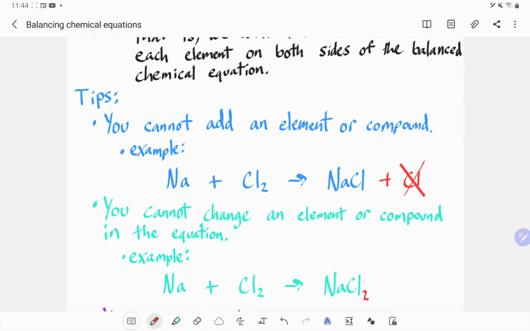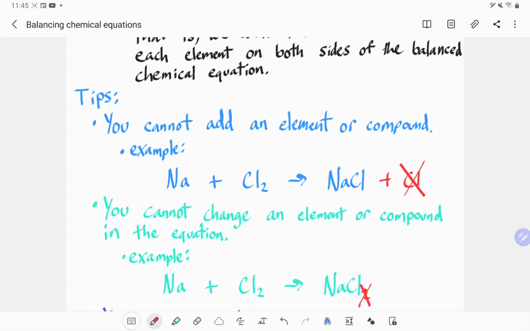We run into some problems here because NaCl2 does not exist. That's not a possible thing. That's only going to exist in fairy tale land. So we have to maintain whatever we're given. We have to use those elements and compounds. So I cannot change the compound. NaCl2 does not exist.